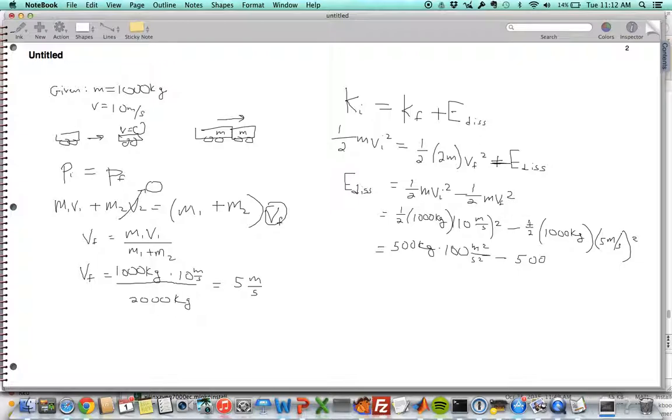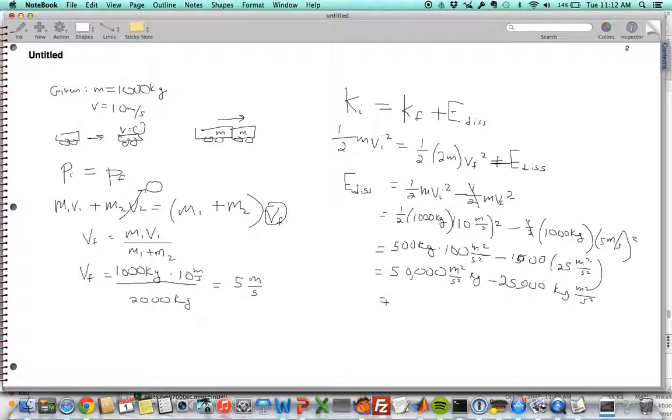Sorry about that. So this half is gone. So this is actually 1,000 times 25 meters squared per second squared. So here I get 50,000 kilogram meters squared per second squared minus 25,000 kilogram meters squared per second squared.